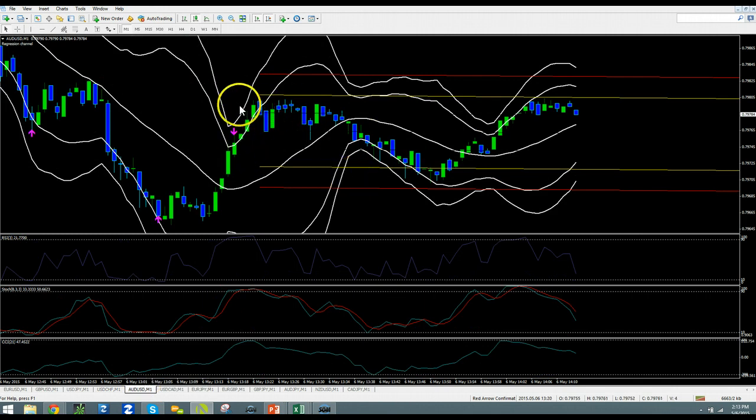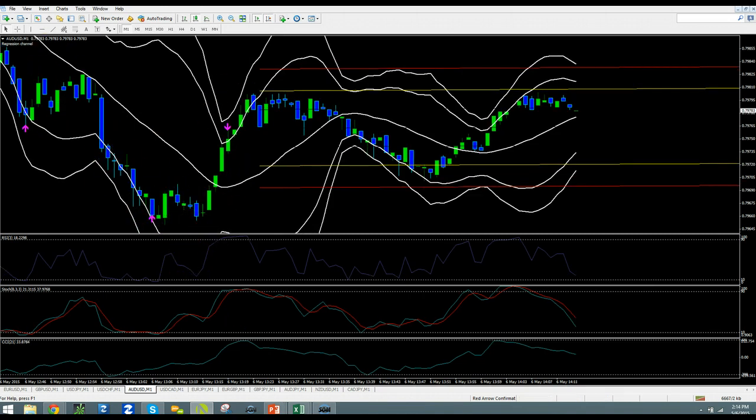Here we go. We've got a little bit of a pinch, but you can see that this is firing off in the middle of the channel, as well as you've got a sharp pinch here. So it's not only squeezes, guys, but you have pinches. You've got a couple winners right here. Obviously this is a trending market, and the market is going to be trending more often than it is ranging.